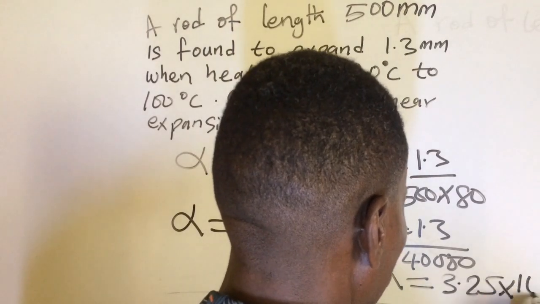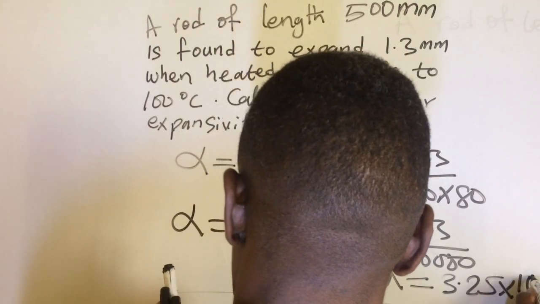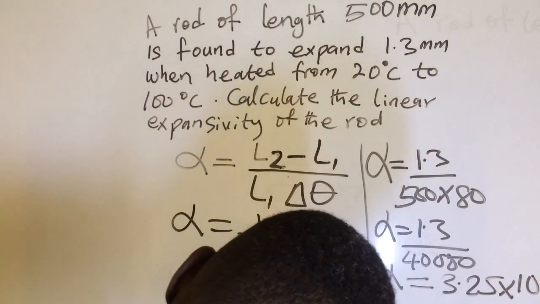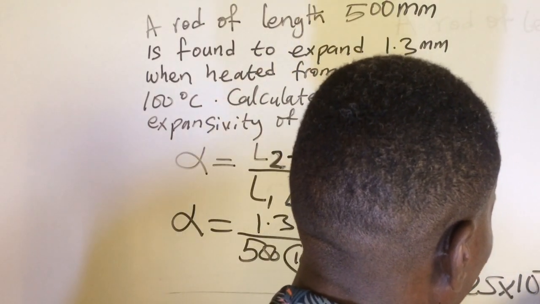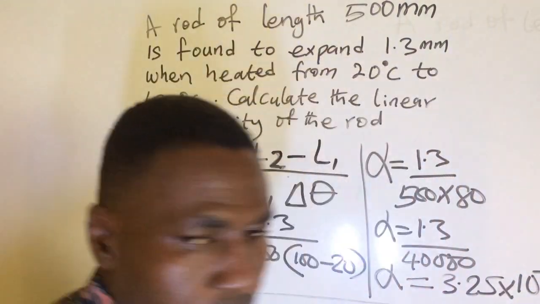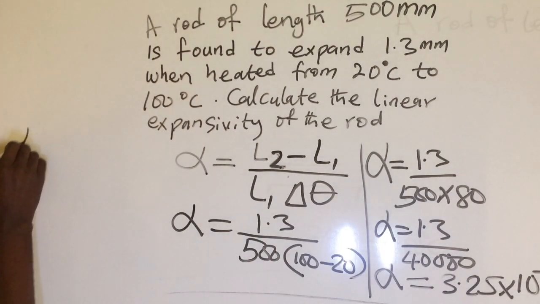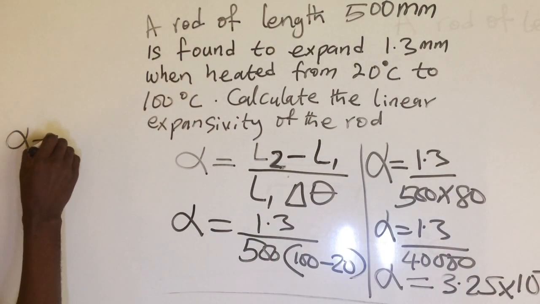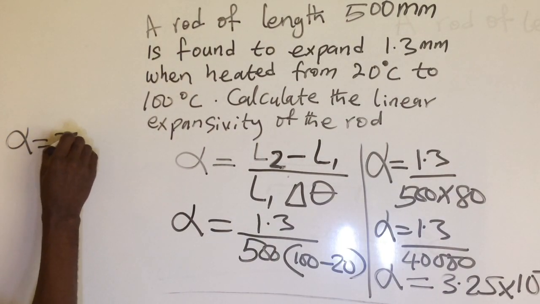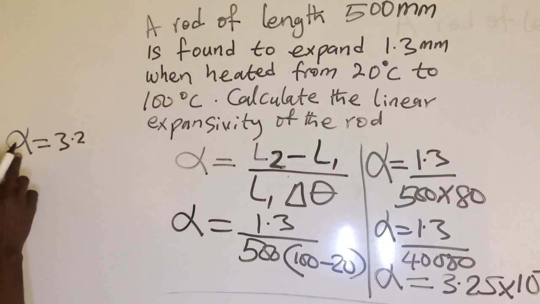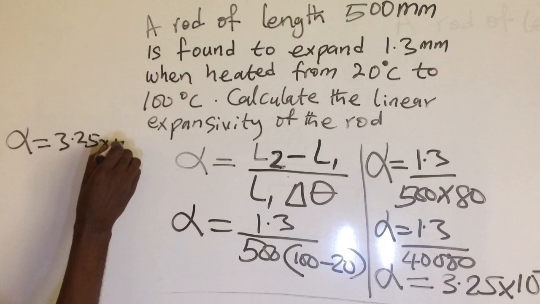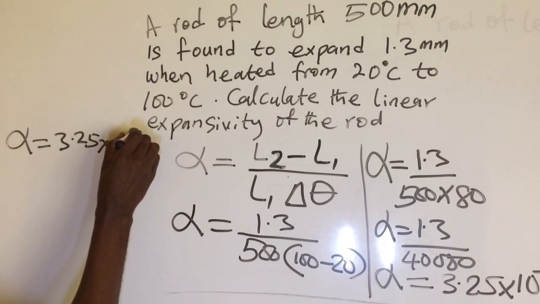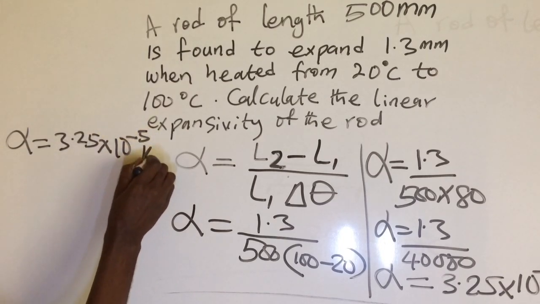3.25 times 10 raised to power minus 5 per Kelvin. That is, our linear expansivity equals 3.25 times 10 raised to power minus 5 per Kelvin.